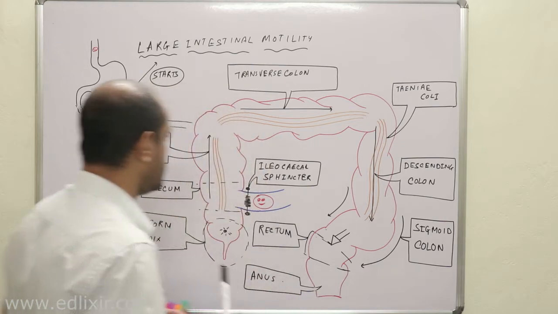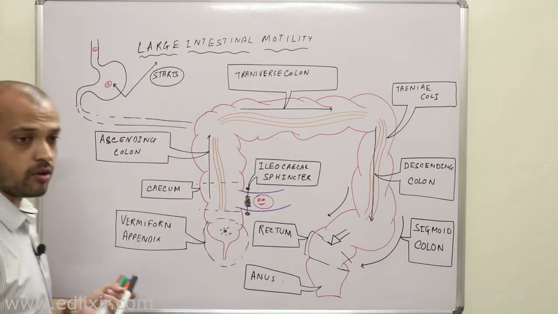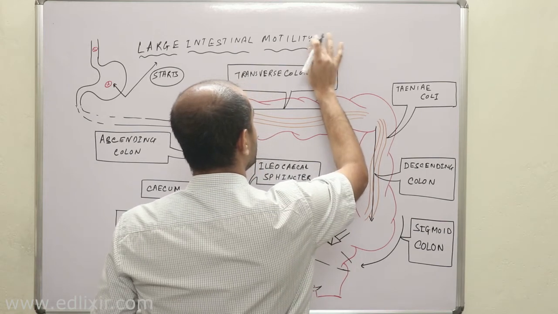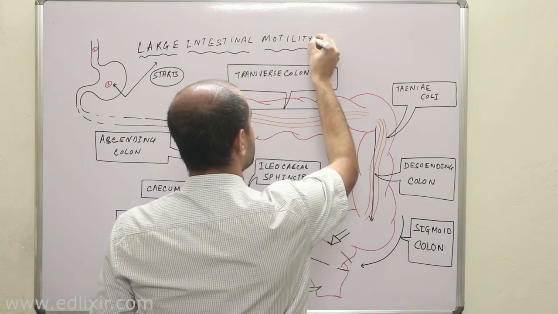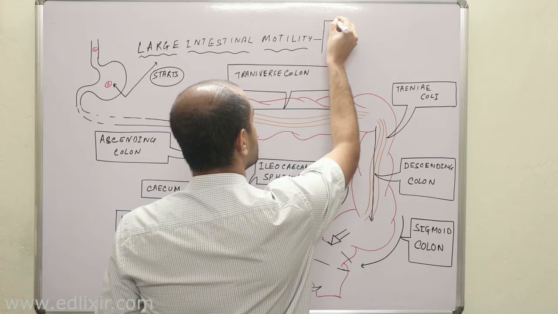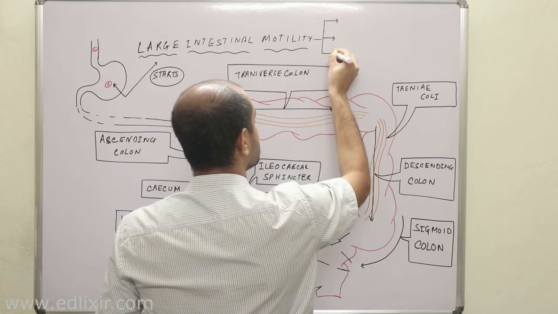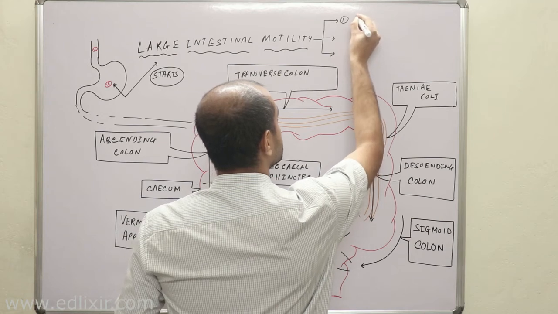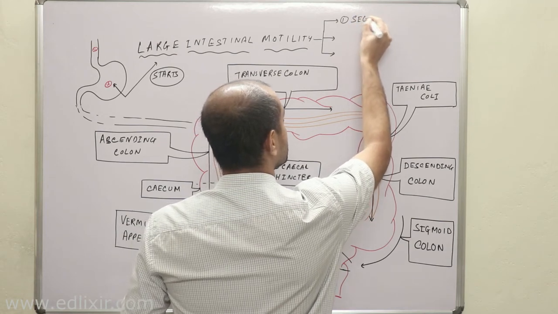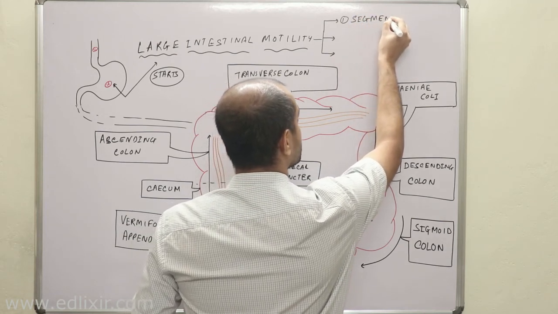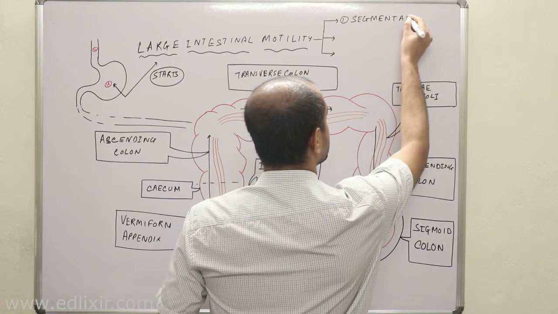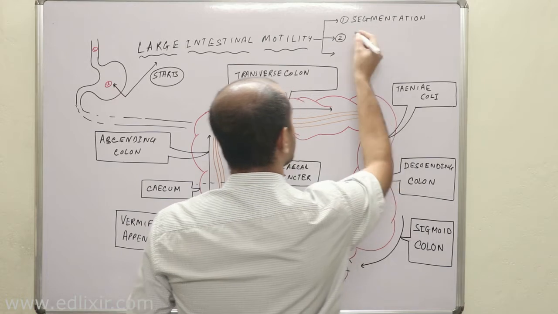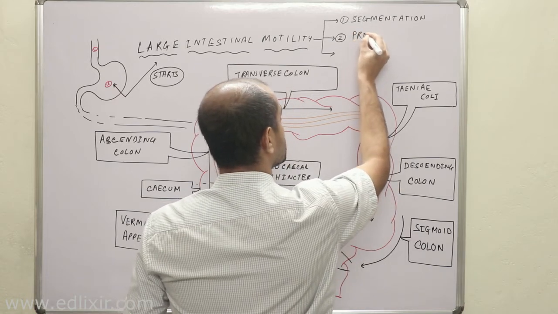Like small intestine, the large intestinal motility also has three components. Clear? Number one, segmentation. Number two, propulsive movements.